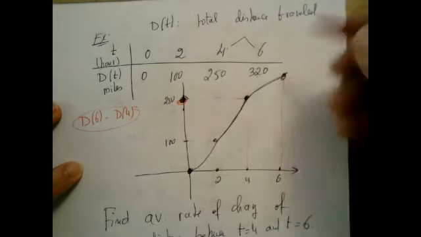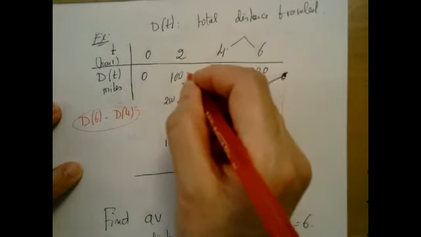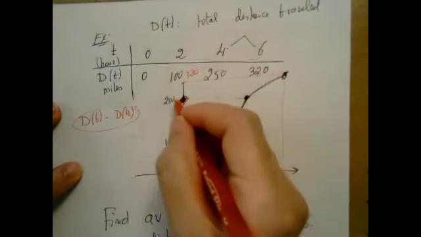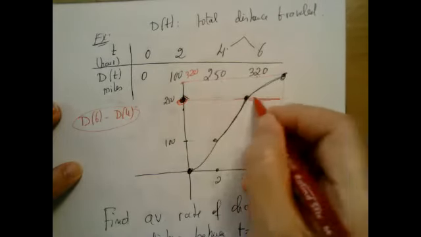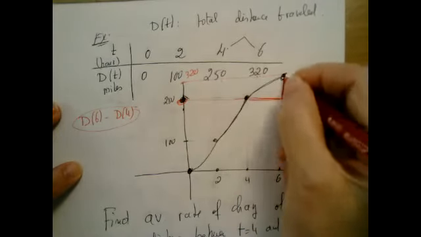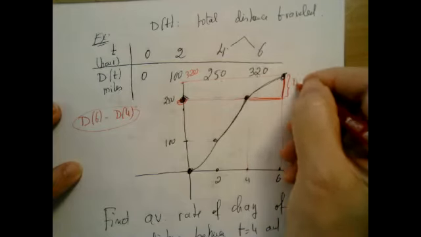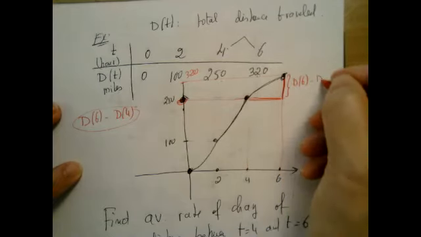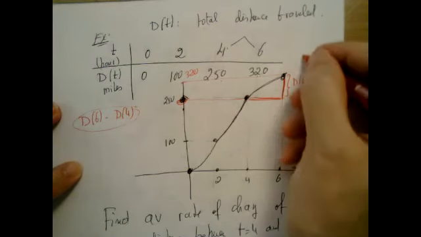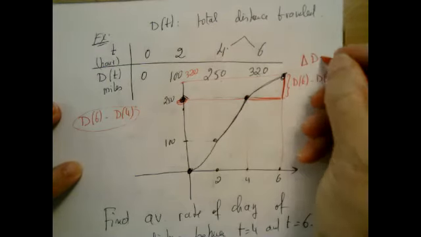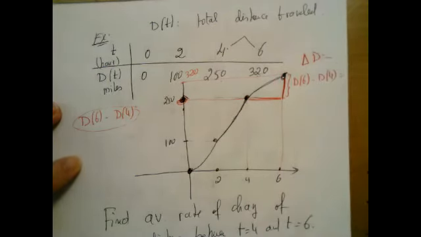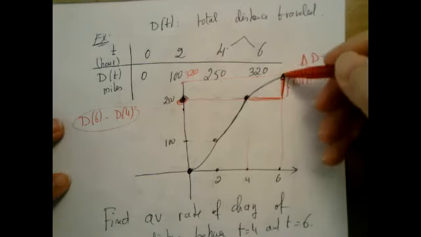After 6 hours, the total distance is 320. So when I'm taking the difference, this is d of 6 minus d of 4. That's the change in the distance. In terms of the problem, what does it represent? Please, in mute, answer the question. What does this change of distance represent?